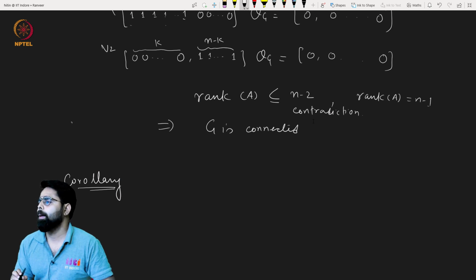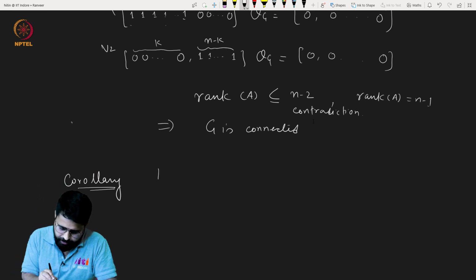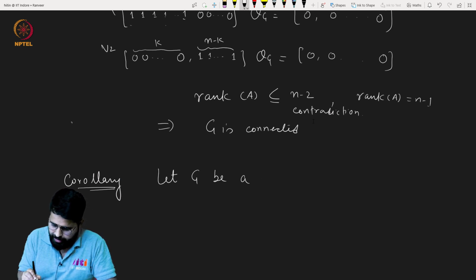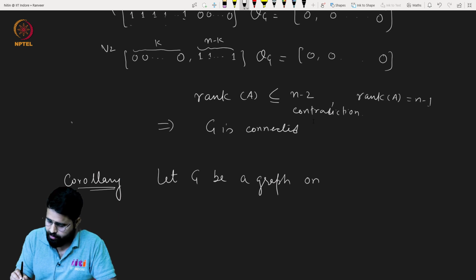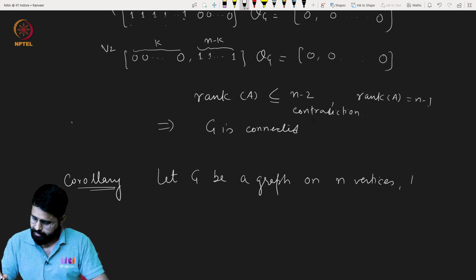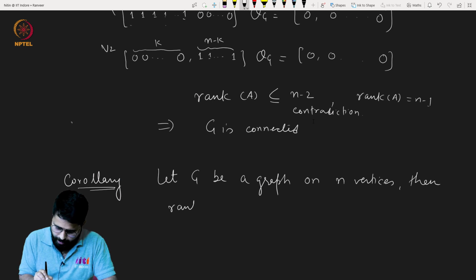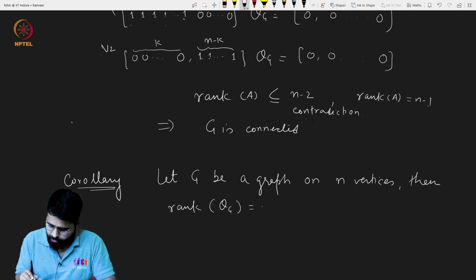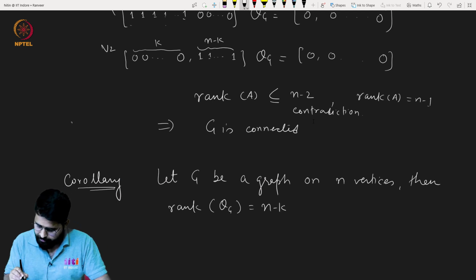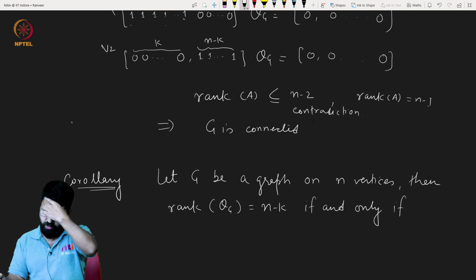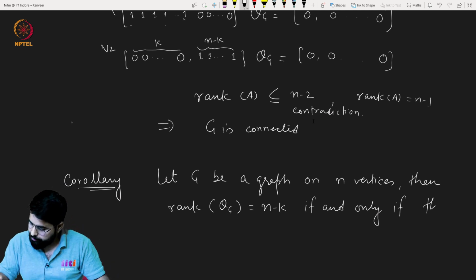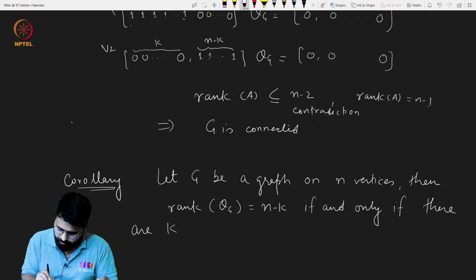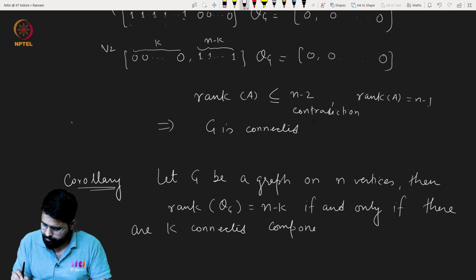Let G be a graph on n vertices, then rank of QG equals n minus k if and only if there are k connected components, or simply components.